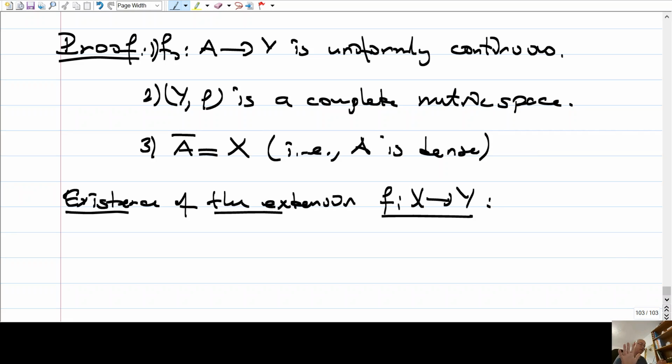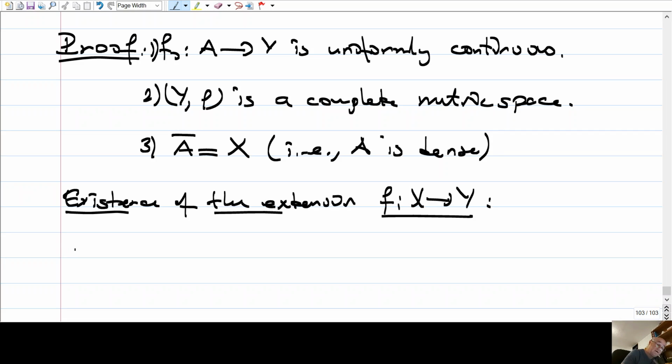Delta-close points are mapped to epsilon-close points. And that will imply the following. If you have a Cauchy sequence, then its image under a uniformly continuous function is also a Cauchy sequence. Okay, so that's an important fact.